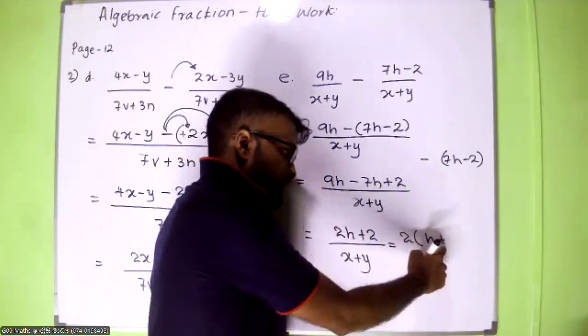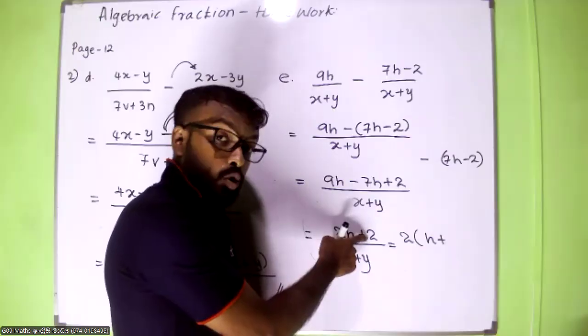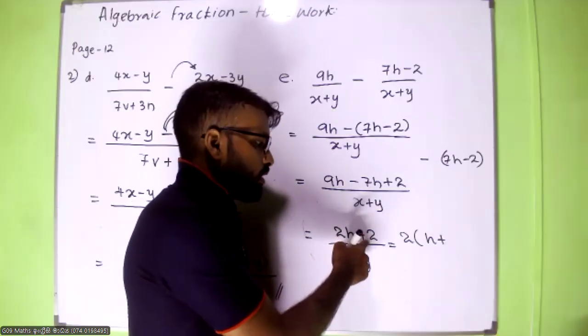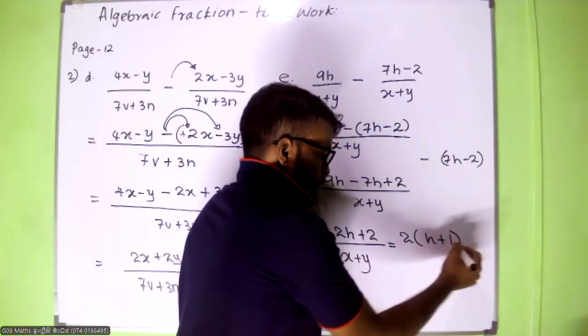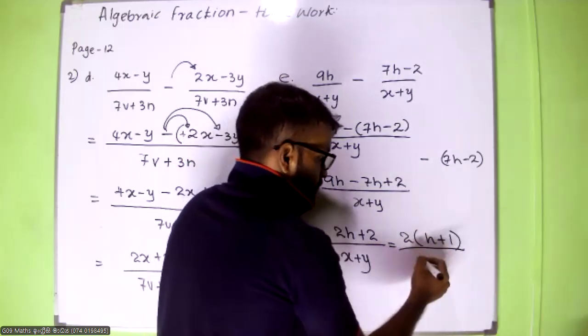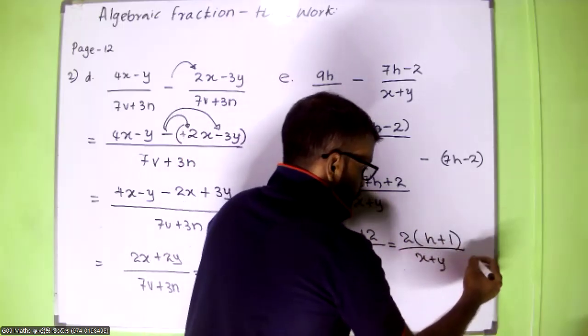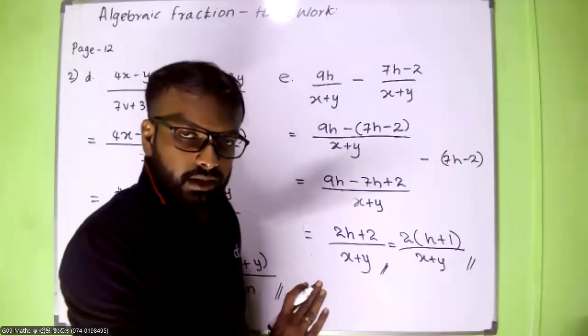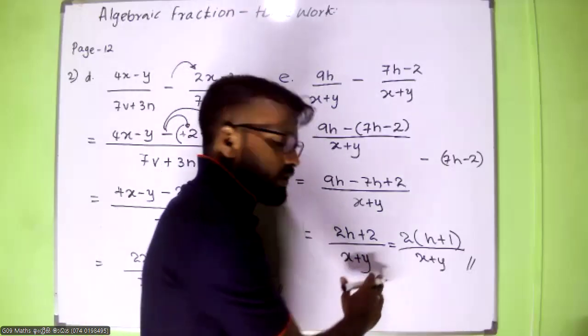Here you have plus, and 2 needs to be divided by 2 so that you can get 1. So this is your answer. Both of the answers are correct.